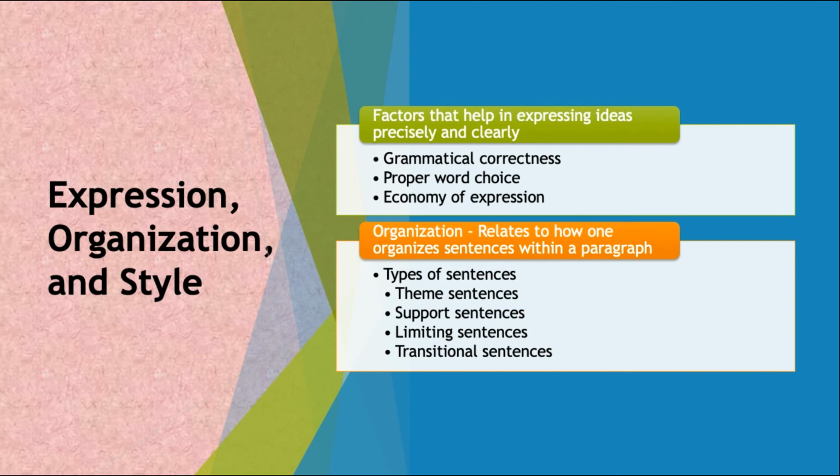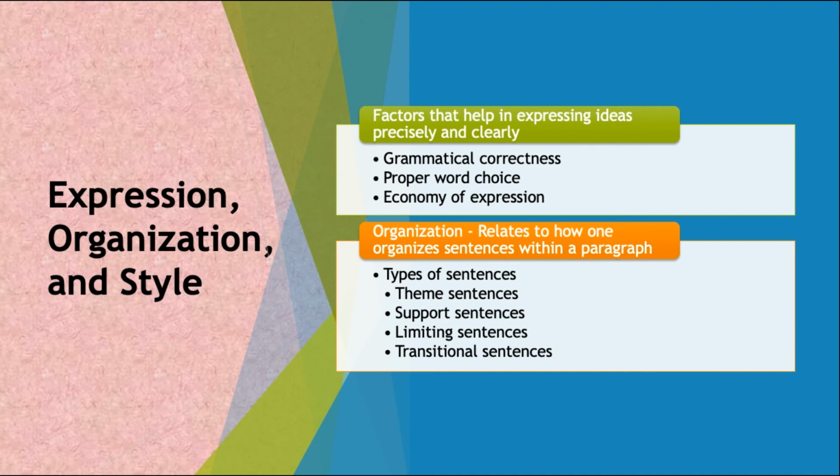Cruz 1980 also suggests four general rules to help you attain unity within a paragraph. First, make only one major point within a paragraph. Second, make your theme sentence the most general sentence within a paragraph. All subsequent sentences should focus on the theme stated in the theme sentence. Third, stick to the theme stated at the outset of the paragraph.